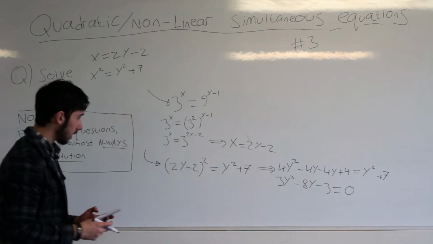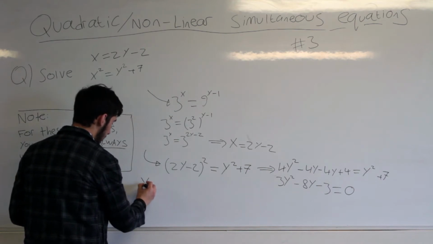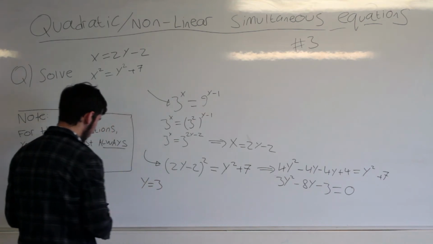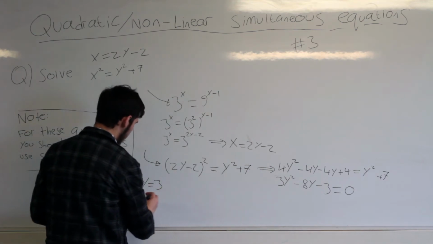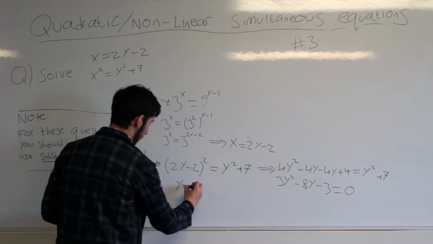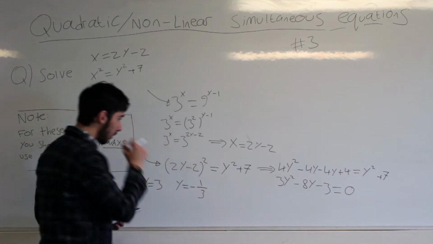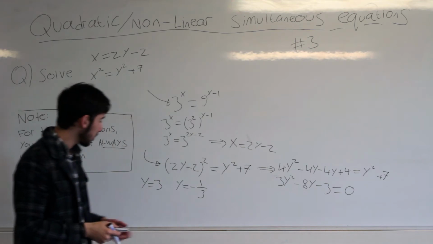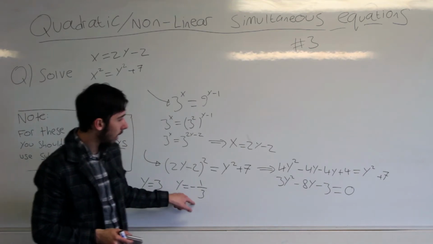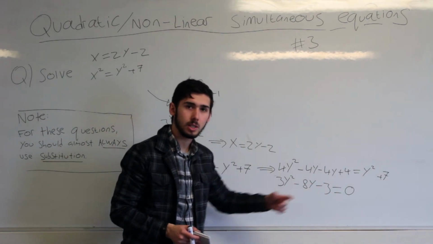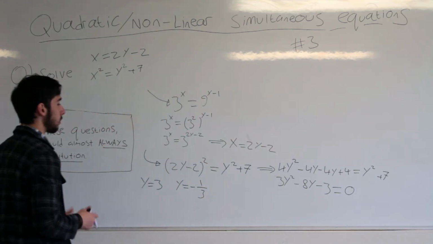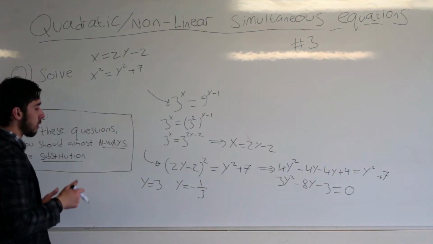So I'm getting y equals 3 as one of my answers, and I'm getting y equals minus a third as the other answer. So that means that if you substitute either 3 or minus a third into this equation, it will indeed equal 0. Which means, guys, we already used the quadratic formula, we've solved for y.